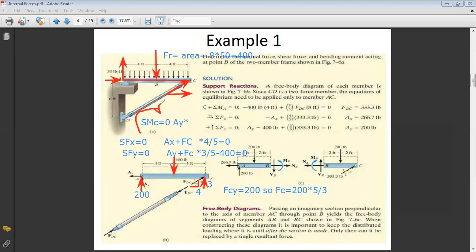So I have AY times 8. And for the resultant force, it's turning in the counterclockwise direction, so it's minus 400 times 4 equals 0. So here you go back to the same result, that AY is equal to 200. Okay.